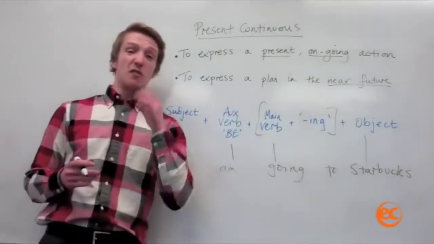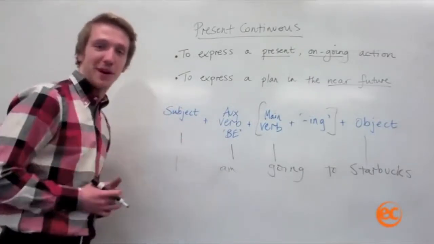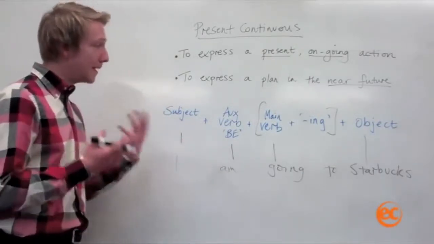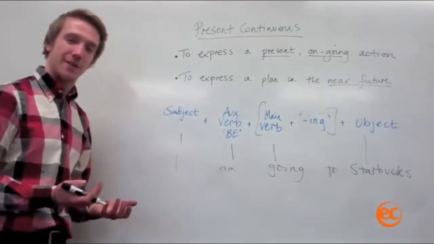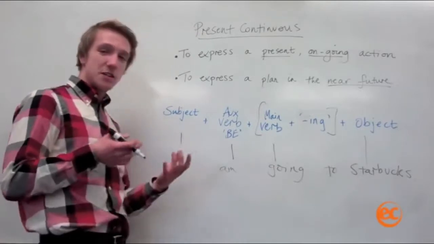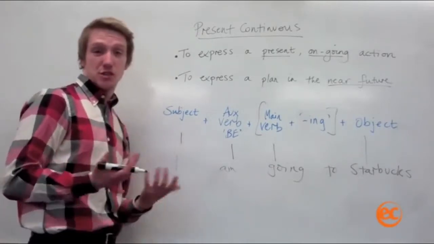Yeah, I'll get a coffee and a sandwich, something like that. This is an immediate plan that I have for the near future. Yeah, it's quite spontaneous, but maybe my plans will change.